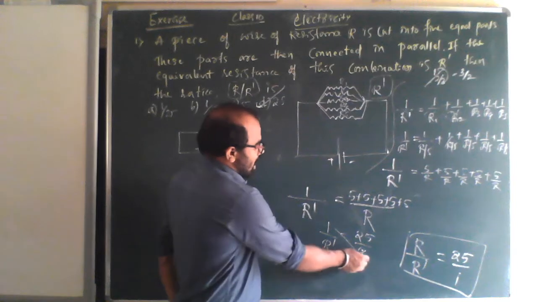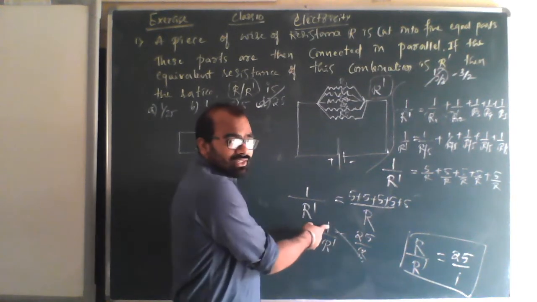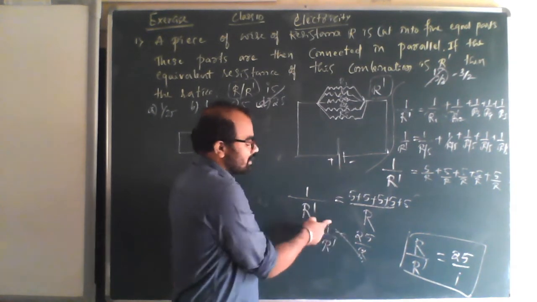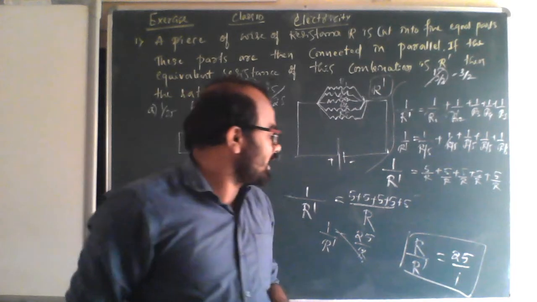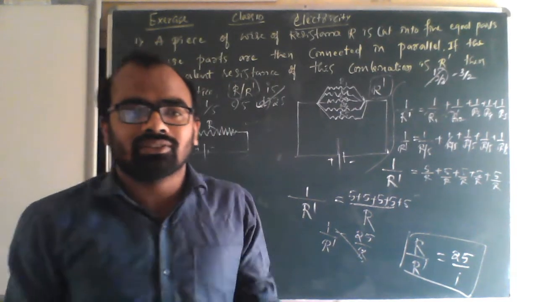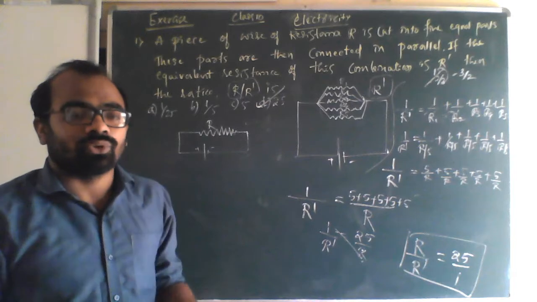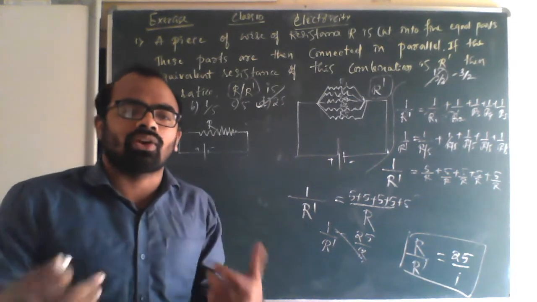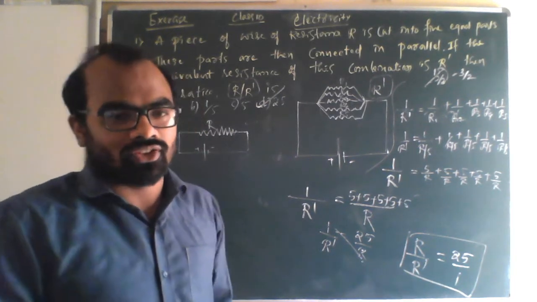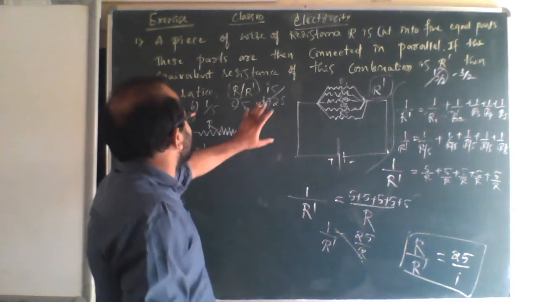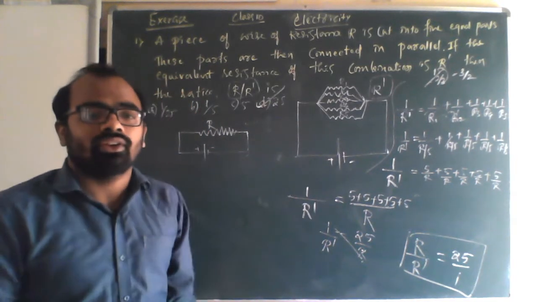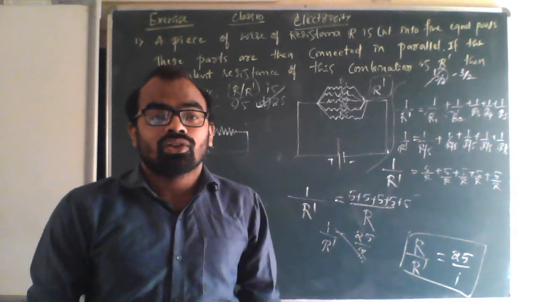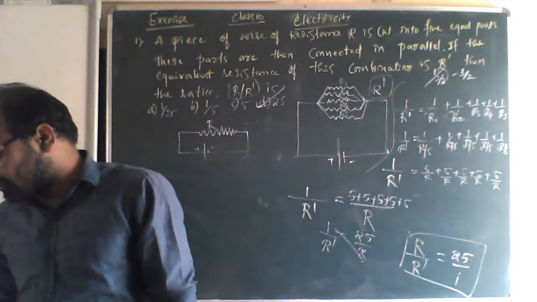I need the ratio r by r dash, which means r will come this side. I put r this side, so it becomes r by r dash, which will be 25 by 1. That is, you can say 25. 25 and 25 by 1 are also the same, no difference. So r by r dash will be 25. Okay.